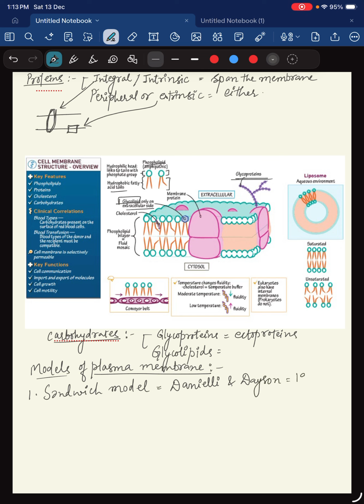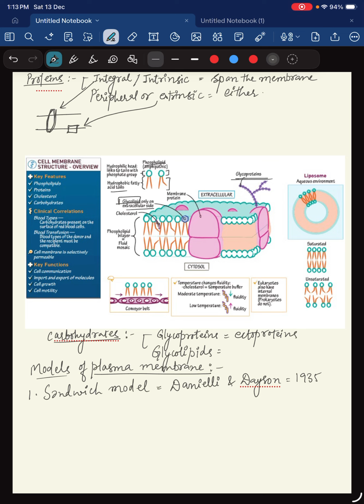In 1935, they proposed a model where the plasma membrane was coated on either side with proteins, and the mutual attraction between the hydrocarbon chains of the lipids and the electrostatic force between the protein and the head of the lipid were thought to maintain the stability of the membrane.